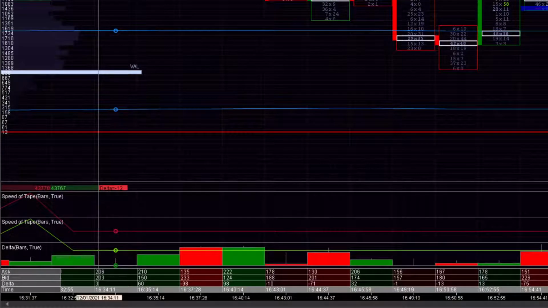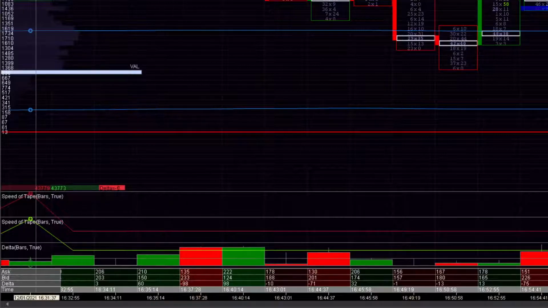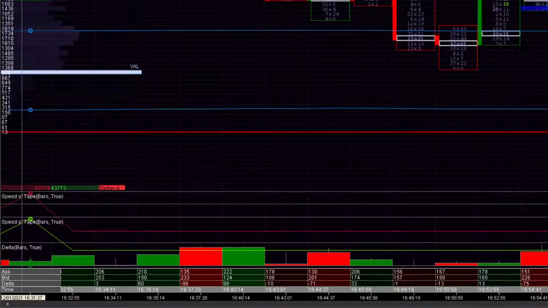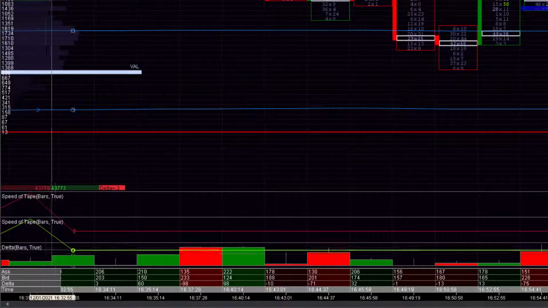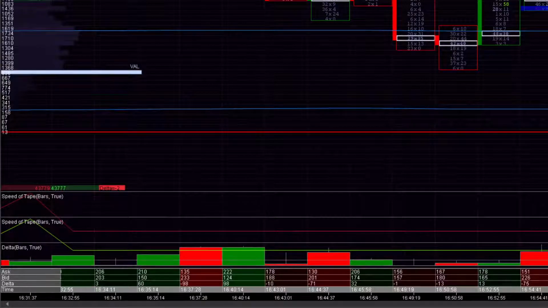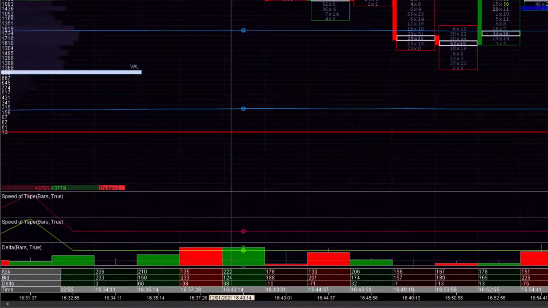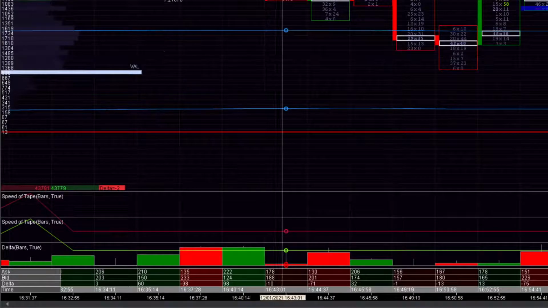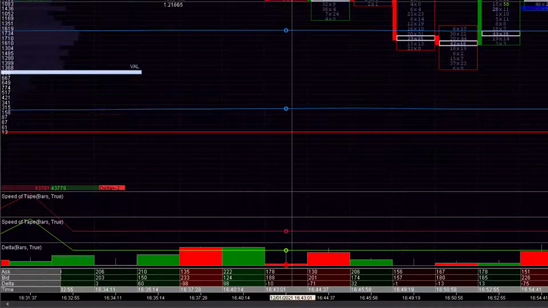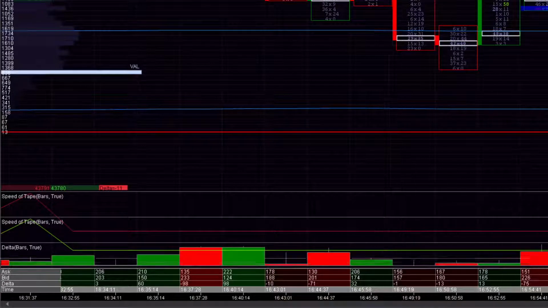Okay, at the bottom, now you can see the speed of the tape indicator, which shows who's been more aggressive. The delta bars are just a graphic indicator of who is winning on a specific candle, the buyers or the sellers.